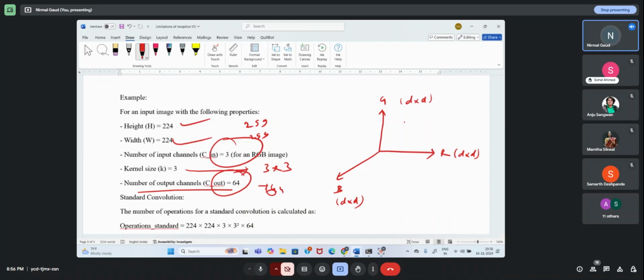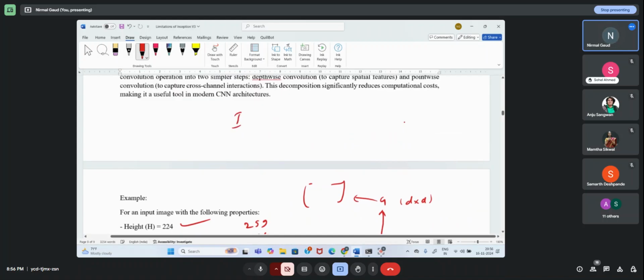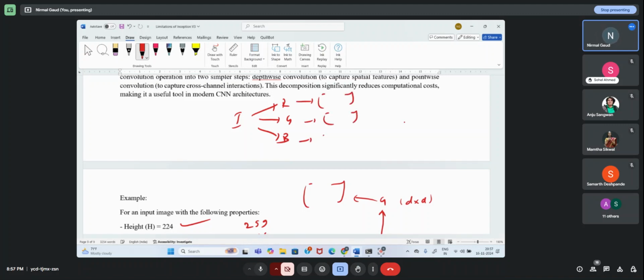You will have a matrix for green, for blue, and for red, because your image is represented in three channels.